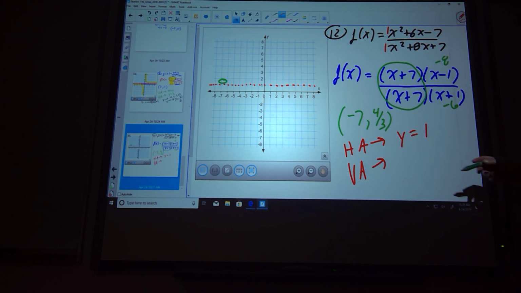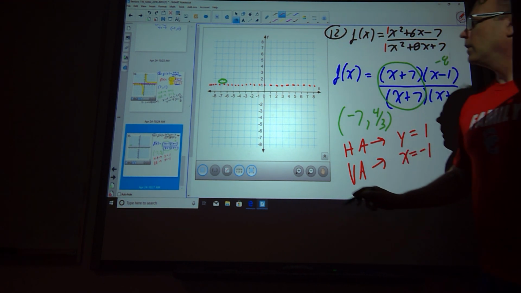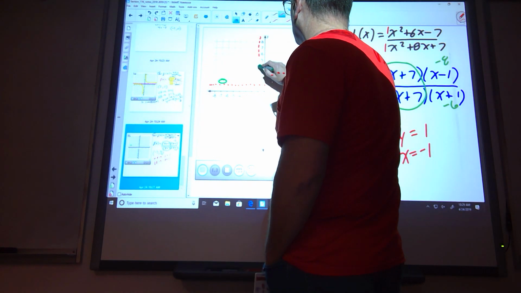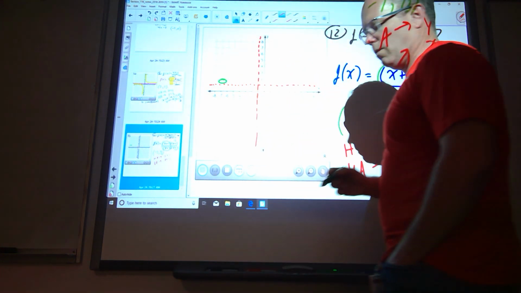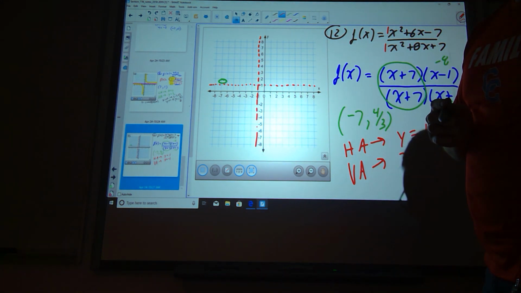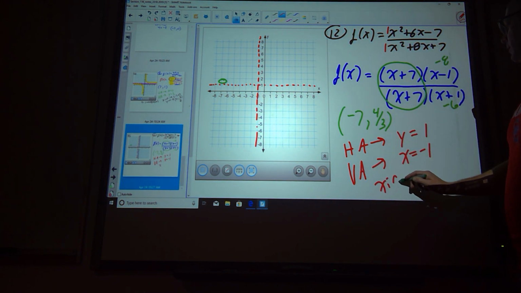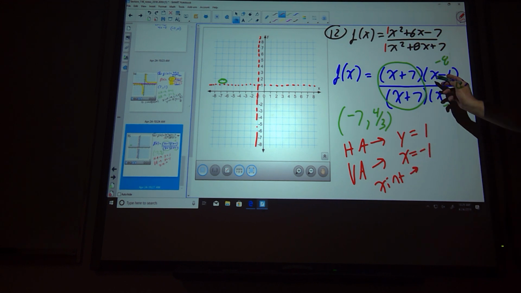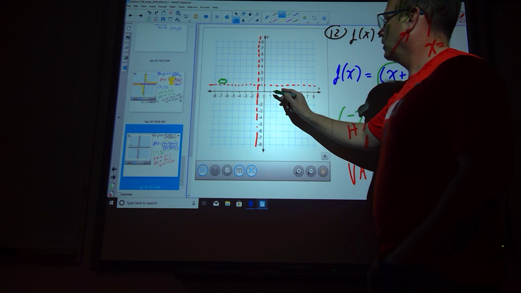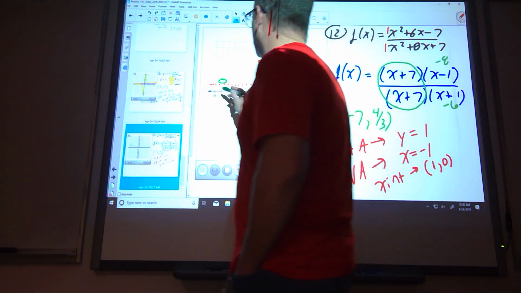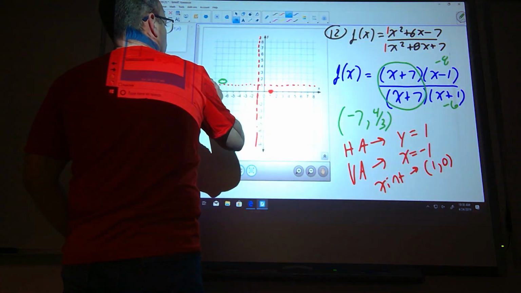So x equals negative 1. And what else we got? The x-intercept, so you plug 0 in. The x-intercept goes in for the numerator, so at 1 comma 0. So this graph is going to look like this.